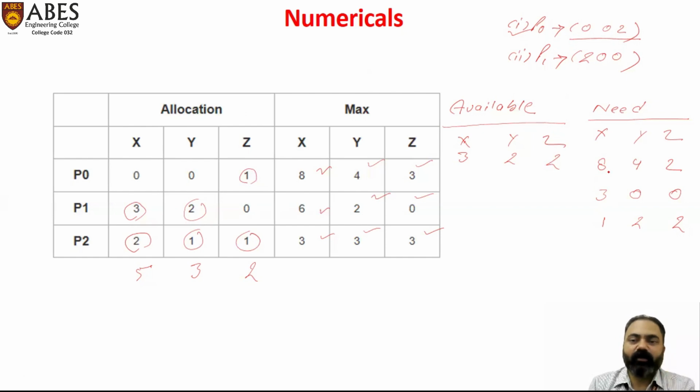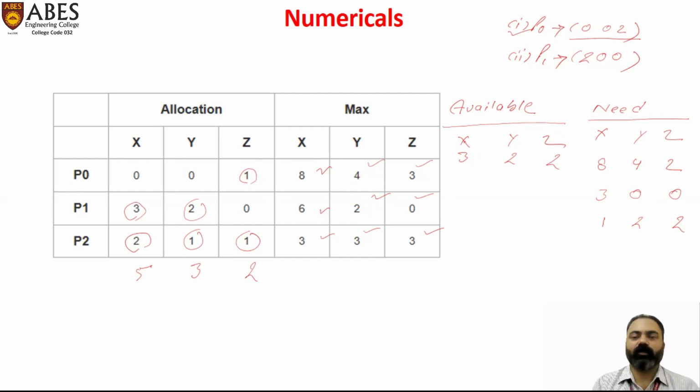Now we again check that the request of P0 is less than or equal to the availability of the system, then 0, 0, 2. Okay. Now we will allocate 2 instances of Z resource type to process P0.